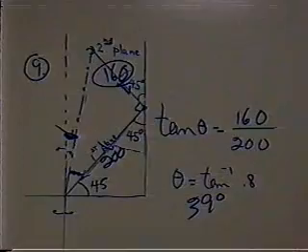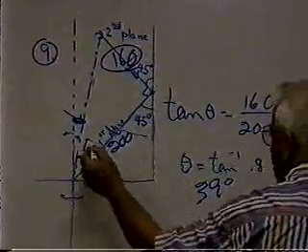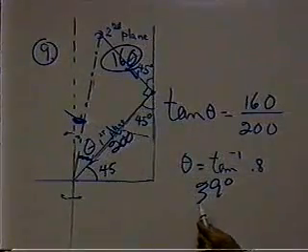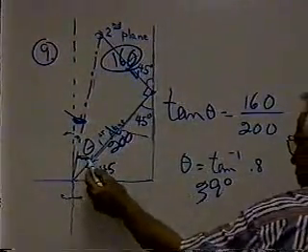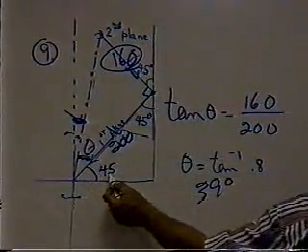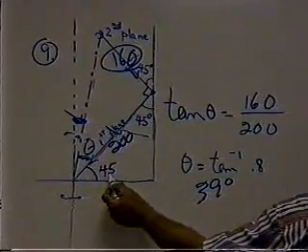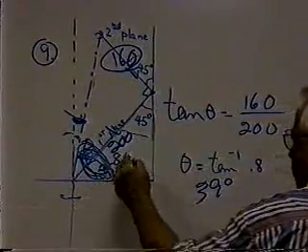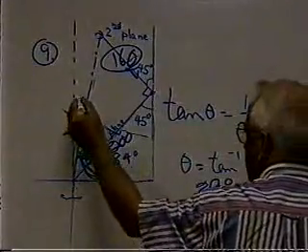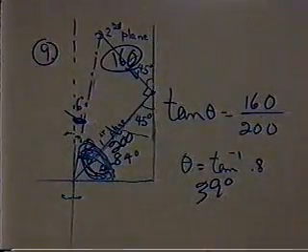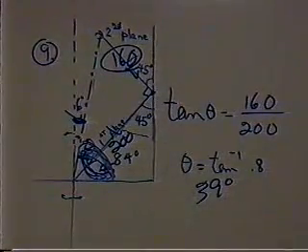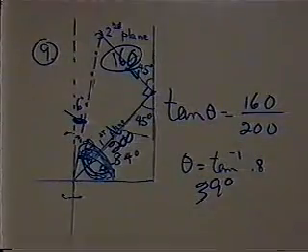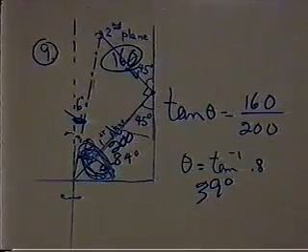So theta, this angle right here, whatever you want to call it, A, B, C, this is 39. Therefore, I'm going to add 39 to 45, and that's how much? That's 84 degrees. So all of this angle right here is 84 degrees. Therefore, this leaves 6 degrees. So the final answer is north 60 degrees east.